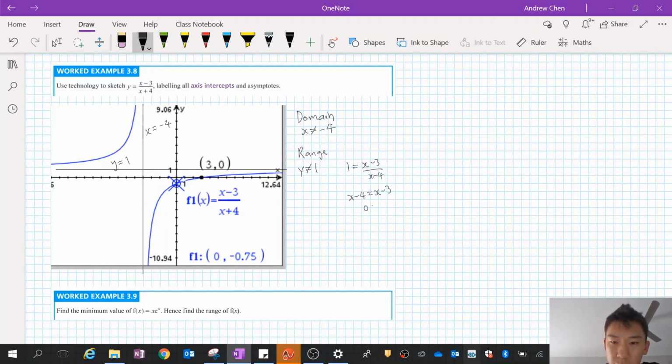And if we rearrange this, we get 0 equals 7. But that can't happen, so no solutions. Alright, so we can justify why there's an asymptote at y equals 1 as well, and that answers the question.